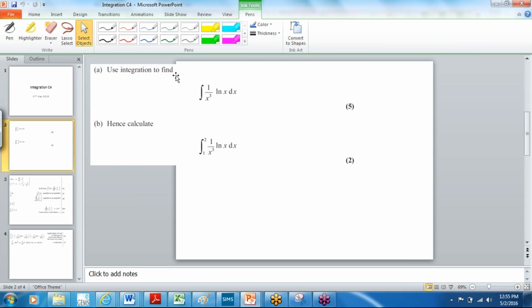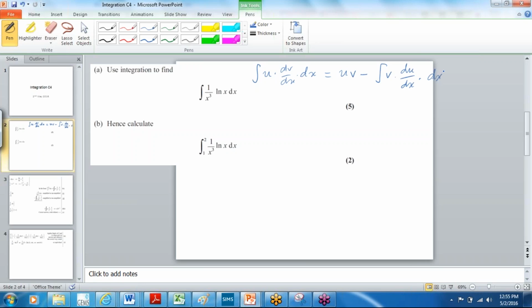It doesn't tell you what formula to use, but if you look in the formula sheet, you will see an integration equation with u dv/dx and v du/dx. This is straight out of the formula sheet.